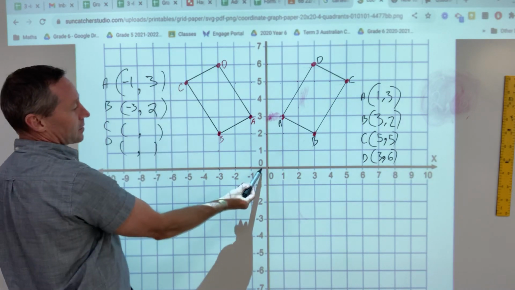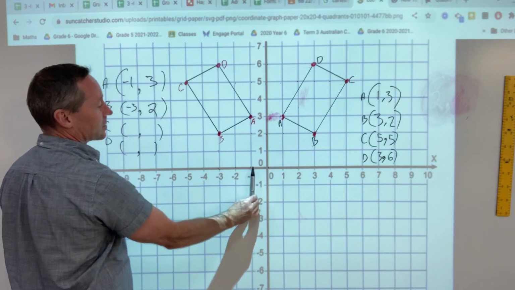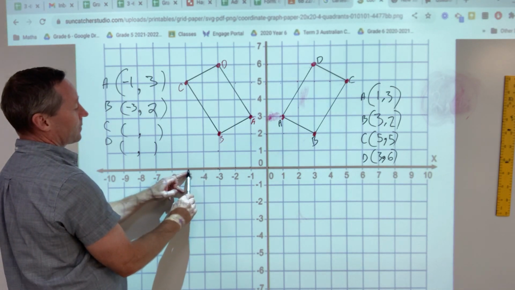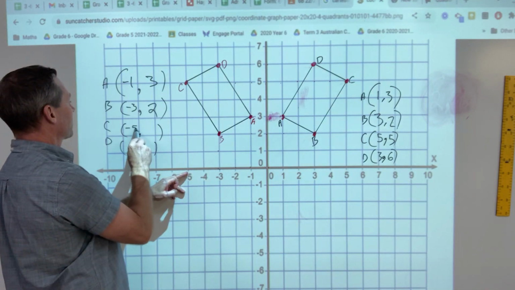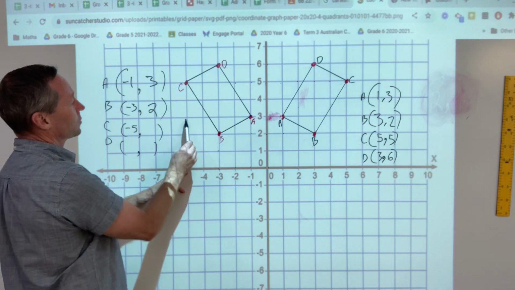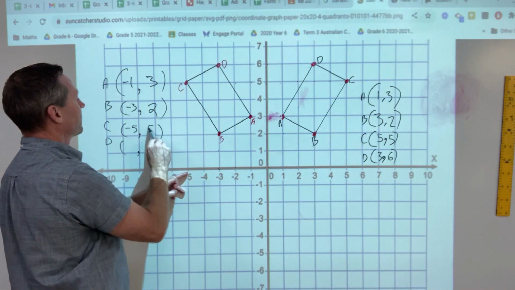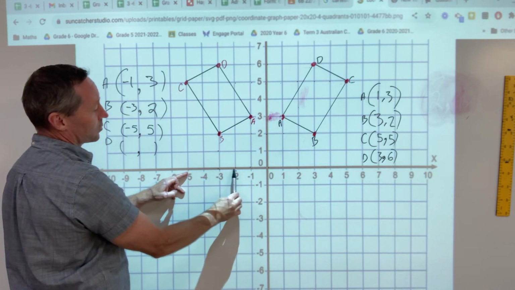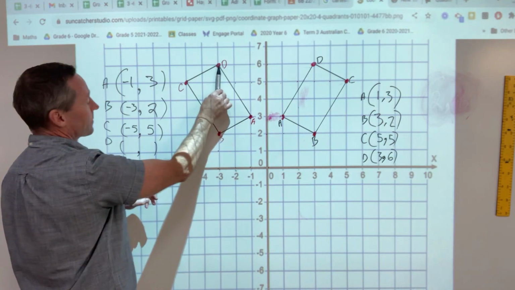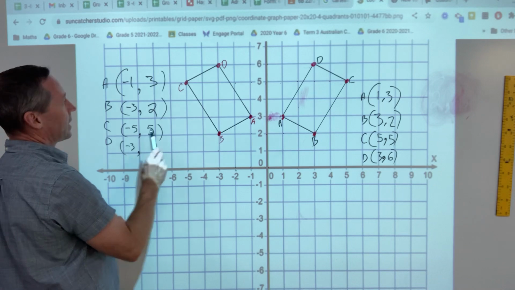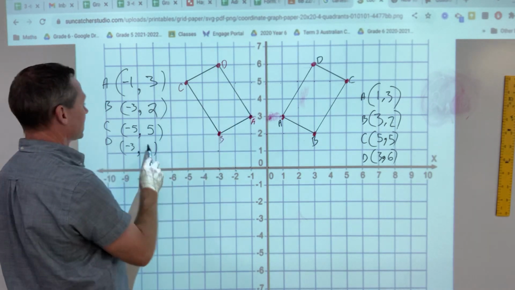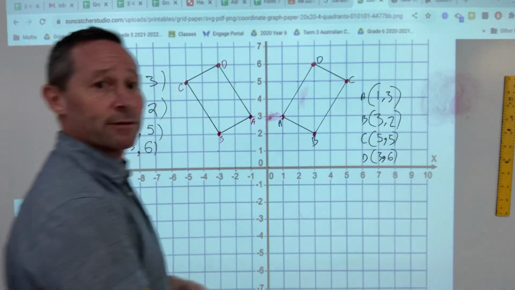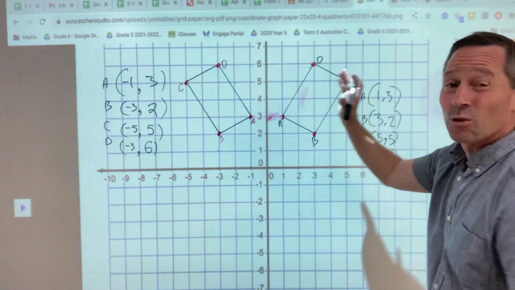C, come across the x-axis, -1, -2, -3, -4, -5. And I go up 1, 2, 3, 4, 5. And D, -1, -2, -3, correct. And it's at positive 6. And that's how you do the reflection across the y-axis.